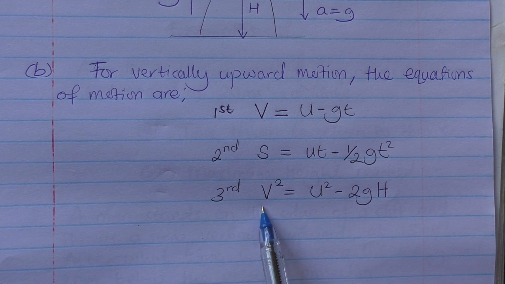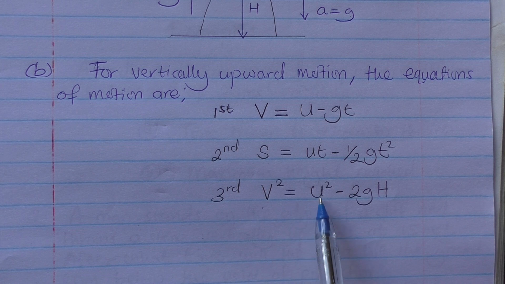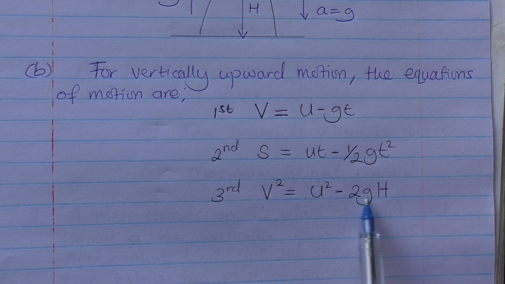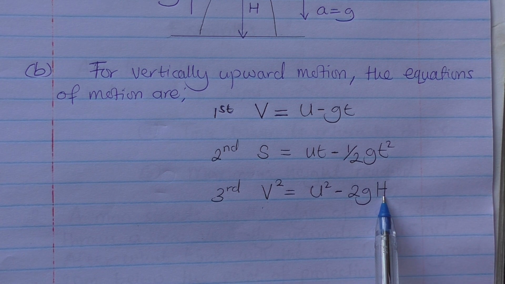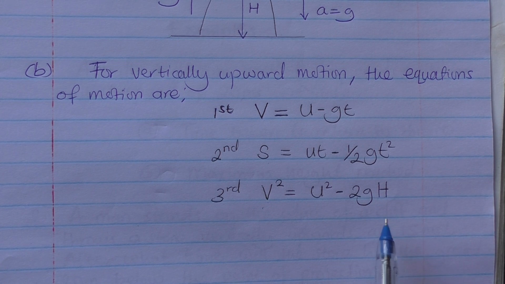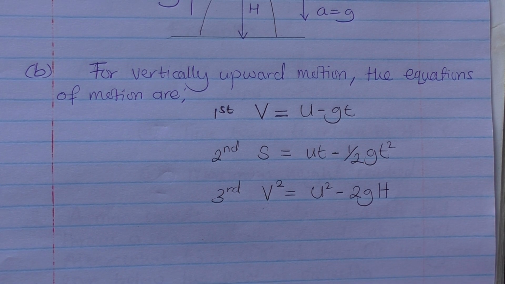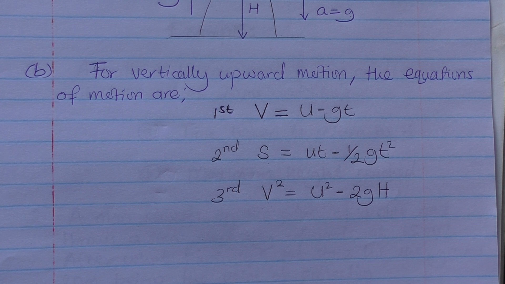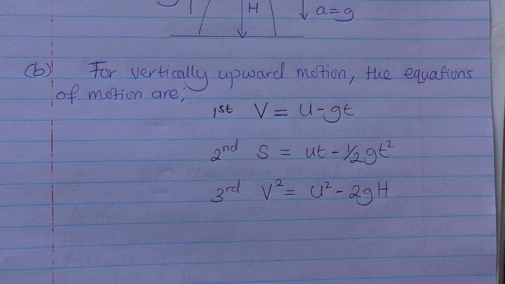And the third one becomes v squared equals u squared minus 2gh, where h is the maximum height reached by the body before it comes back, because it has to come back. So those are the equations for vertical upward motion.